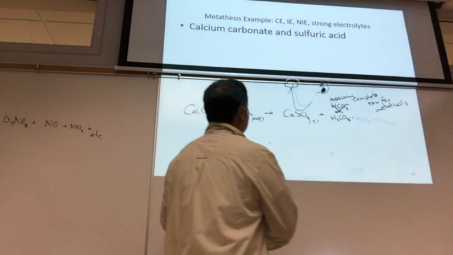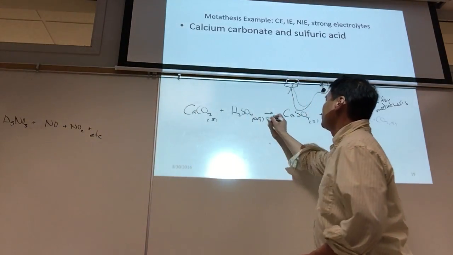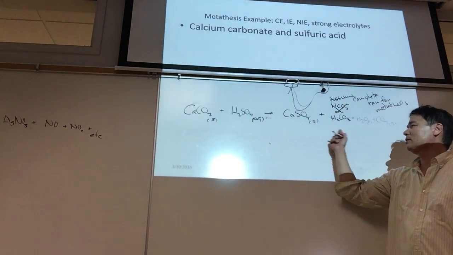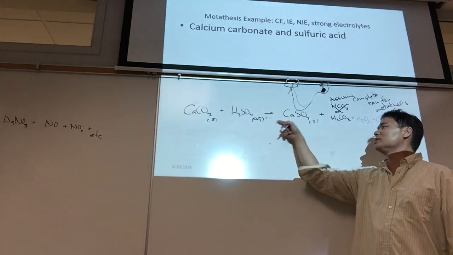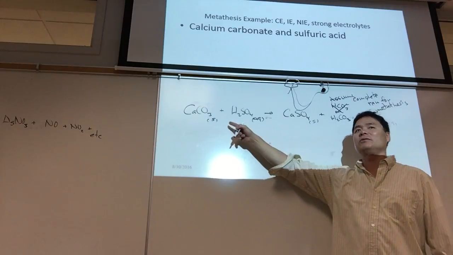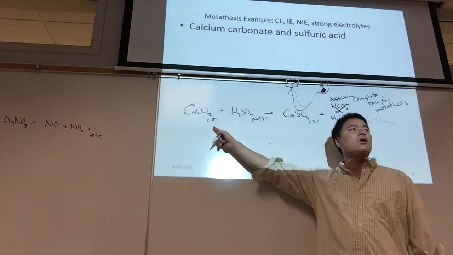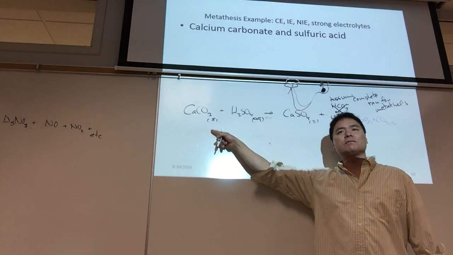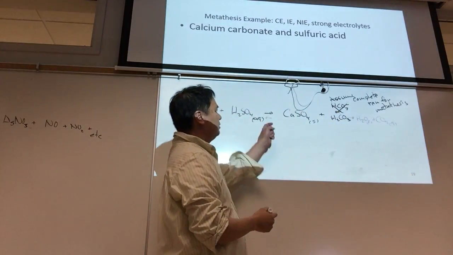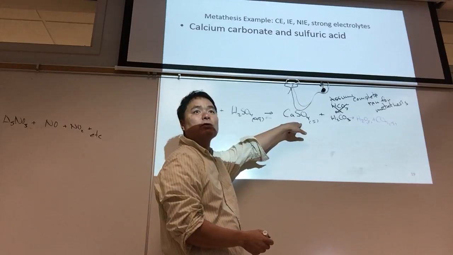So think about this. Think about a reaction as a struggle between the forward reaction and the reverse reaction. Who wins? If we go backwards here and the products actually re-react to form calcium carbonate, we're doing a precipitation reaction in the backwards direction. If we go forwards here, we're doing a precipitation reaction in the forward direction.